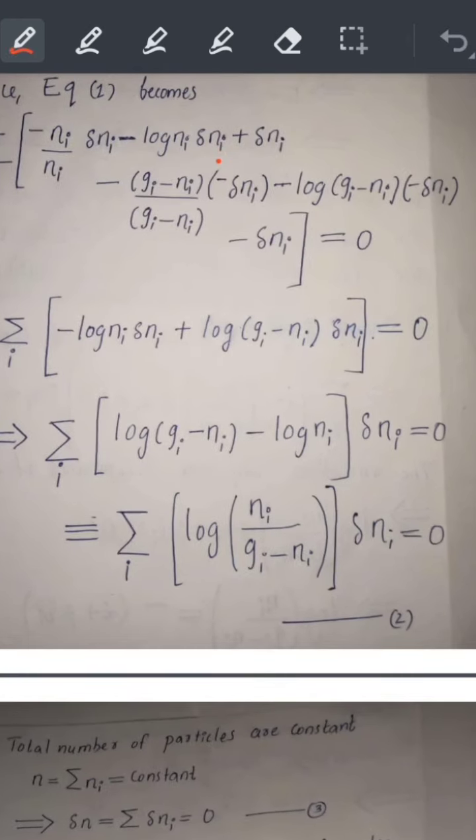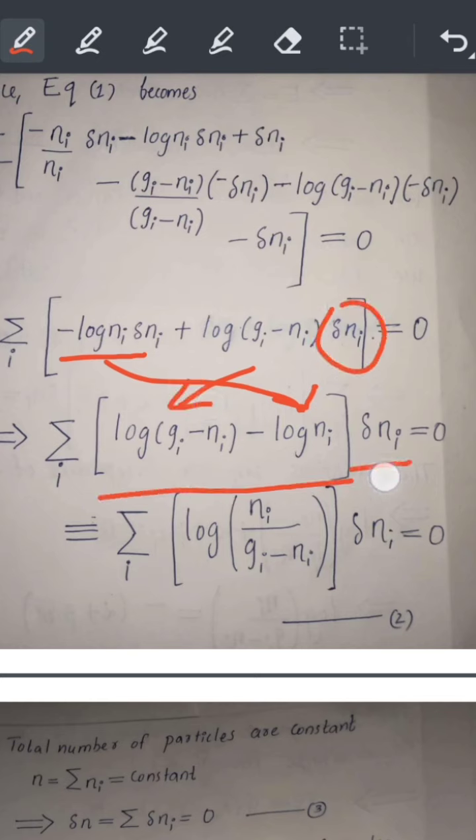So on putting the term with the minus sign as a second function, you get this minus log ni and log gi minus ni here, and also I take this delta ni common here. So very simple, it is equal to 0.